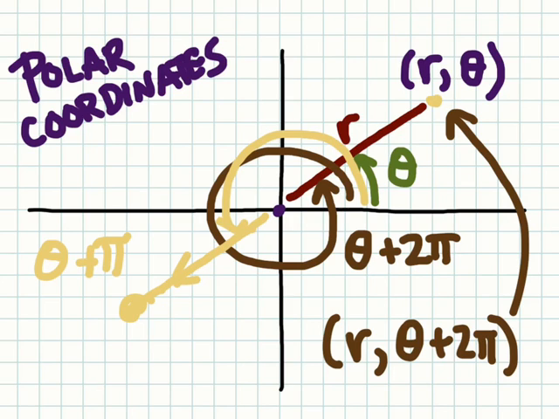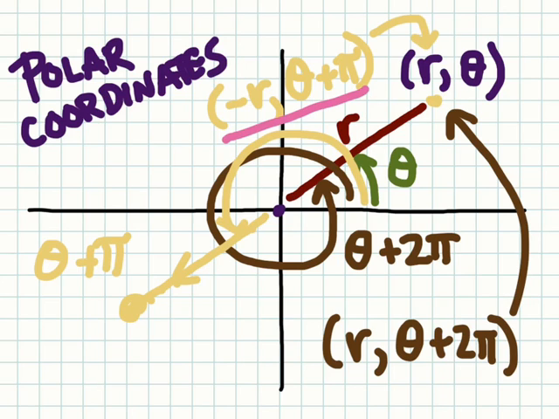So in fact, another set of coordinates, which is perfectly legitimate, would be negative r, theta plus pi. And so that would also be a correct set of coordinates in polar form for that point. So here are 3 different collections of coordinates for the same point, and I'll let you imagine how there are an infinite number of other possibilities.